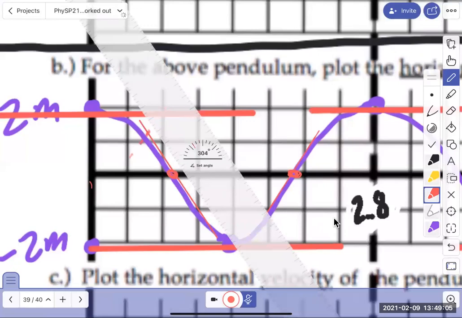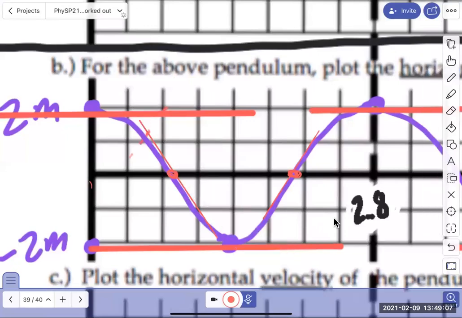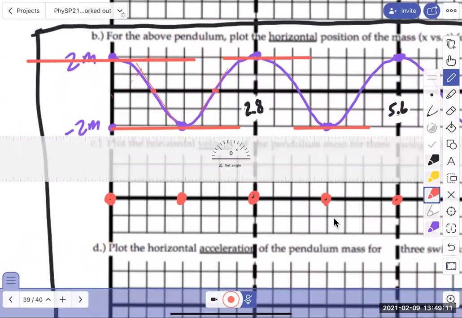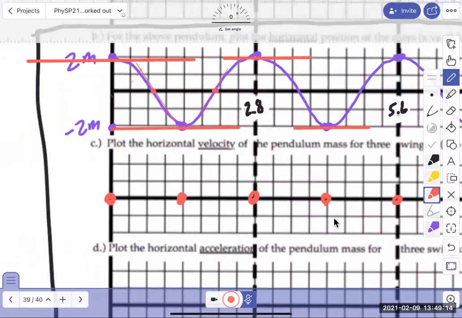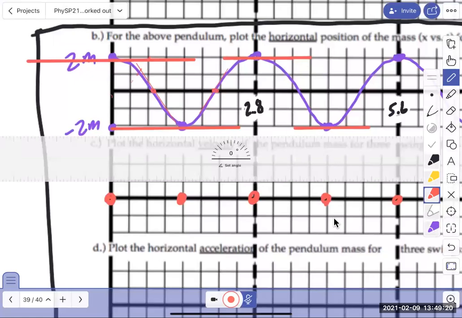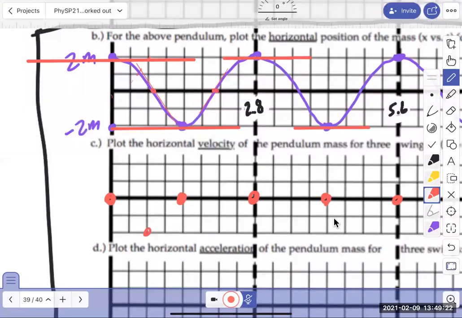And so down here now, notice that that slope is negative. I apologize if we went over this yesterday. But notice that slope right here is negative. So it's going to be a negative. And then here it's a positive point of inflection. So it's maximum velocity.